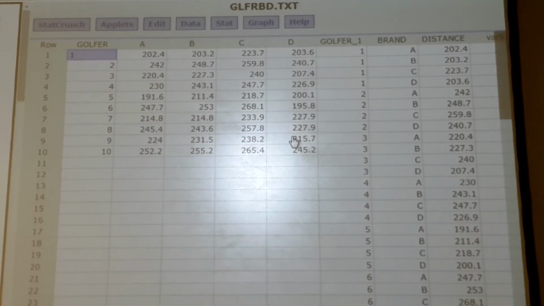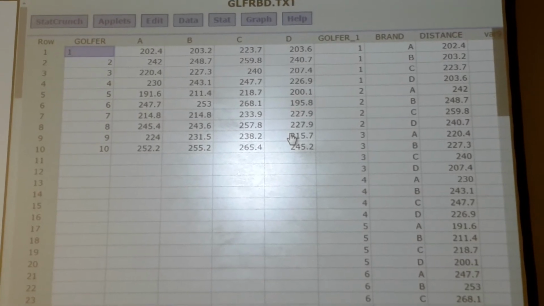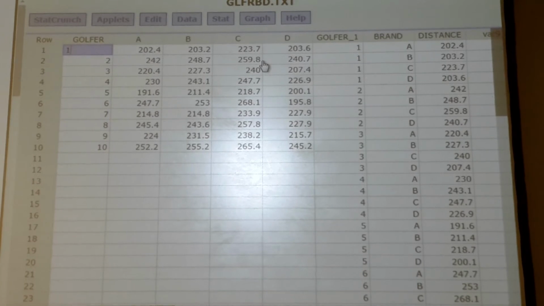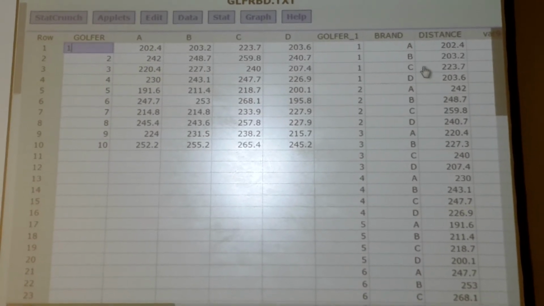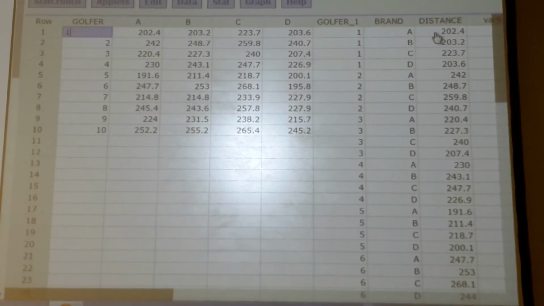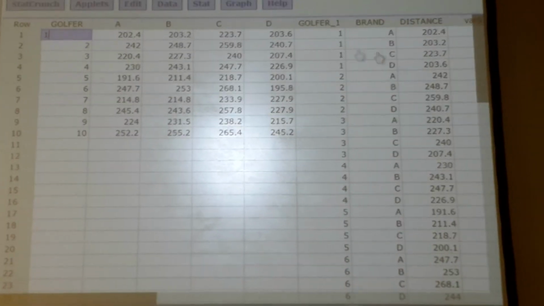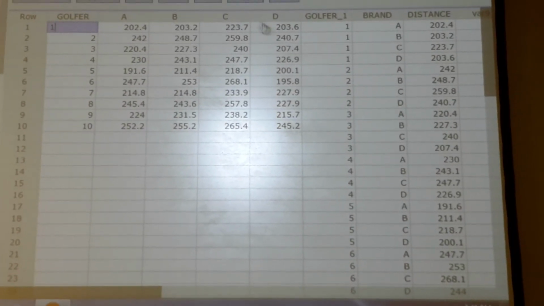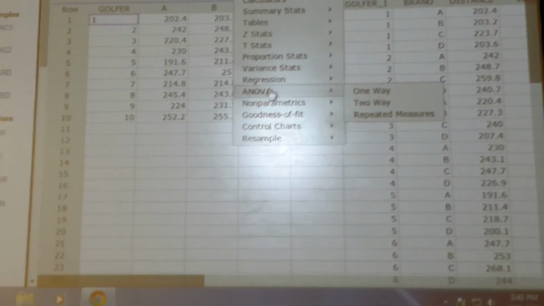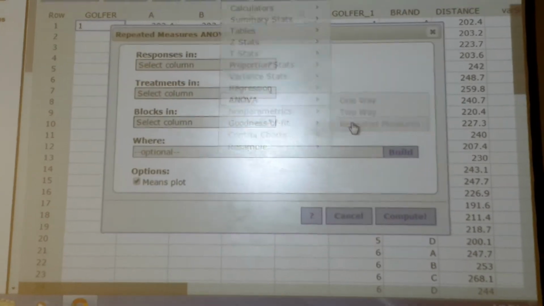We're taking A, B, C, and D and then repeating that test with each of 10 different golfers. And actually having it set up in this second method where we have the golfer, the brand, and the distance listed is going to be more beneficial to us here. We'll go to Stats and ANOVA. This is our repeated measures test.